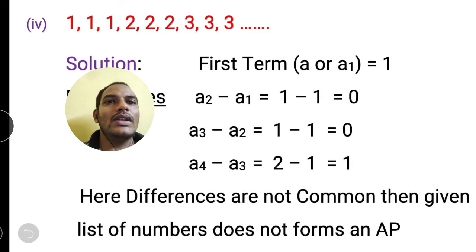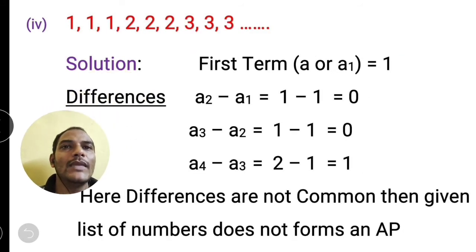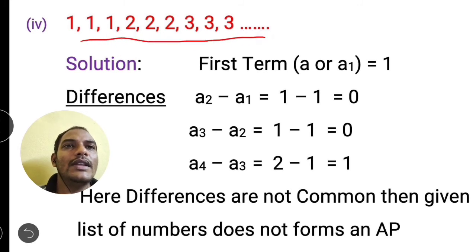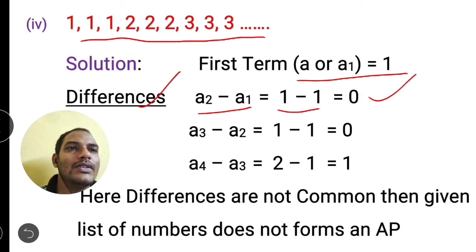Next, the fourth question is 1, 1, 1, 2, 2, 2, 3, 3, 3, dash. Here the first term is 1. Next, find the differences. A2 minus A1 equals 1 minus 1, which equals 0. Next, A3 minus A2, 1 minus 1, is also 0.